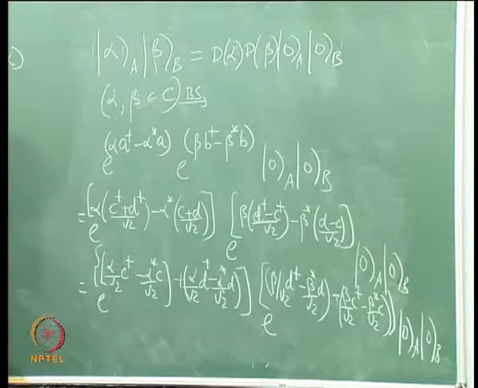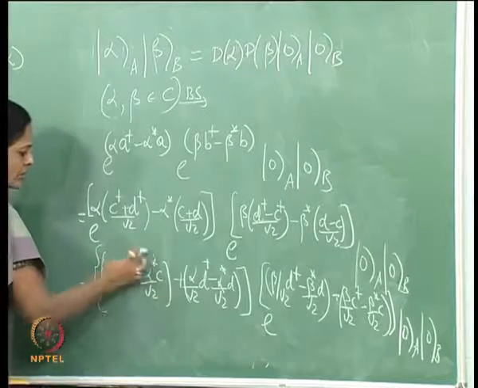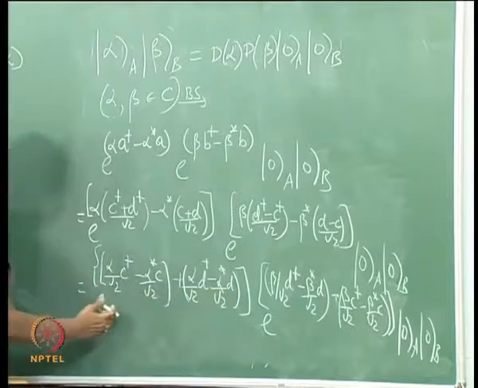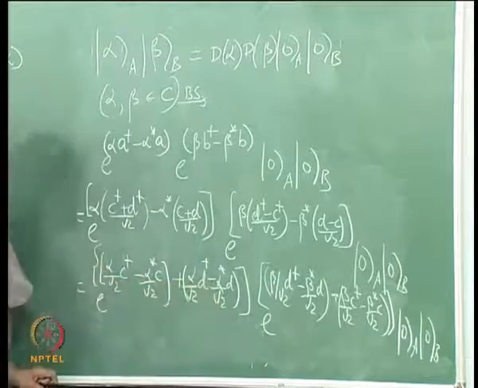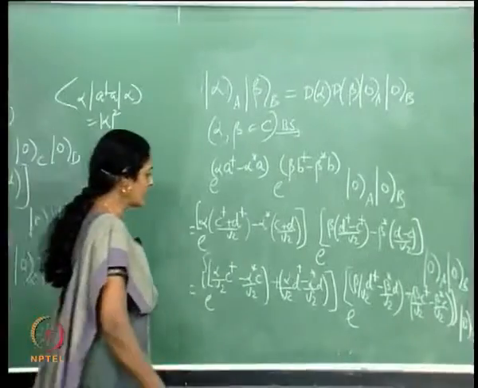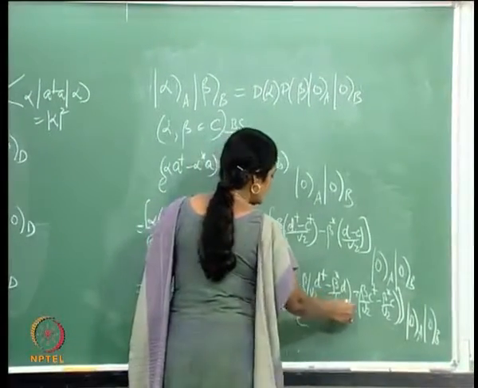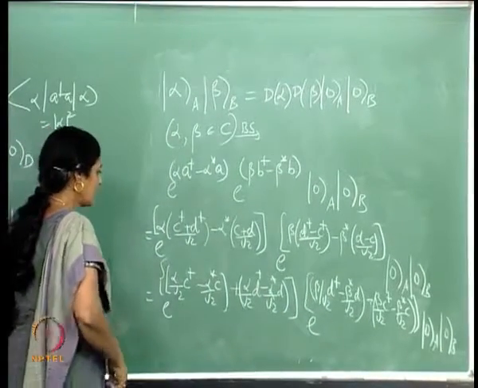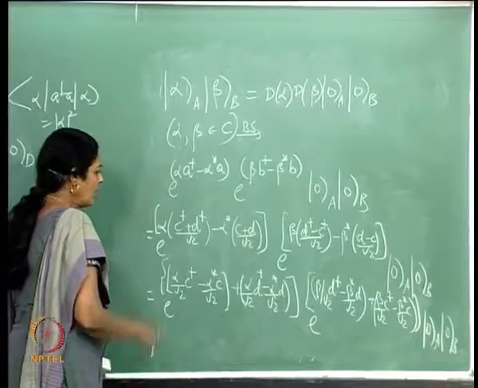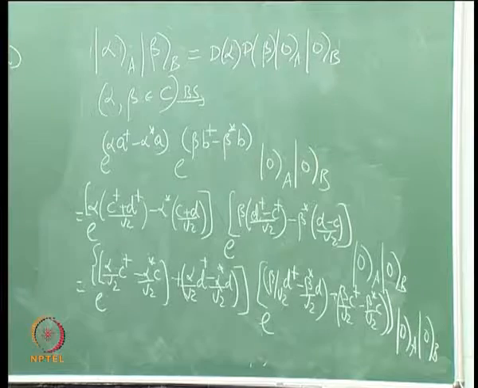I can use the disentanglement theorem. I know, for instance, that this commutes with this because this is just a function of c and c dagger, that is a function of d and d dagger, and they commute with each other. Similarly, this term commutes with that term. Now, if I did that, I would have the following.